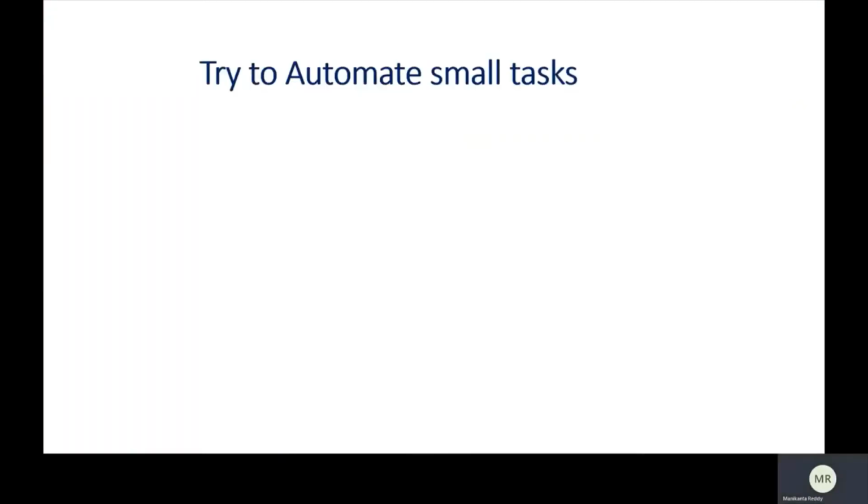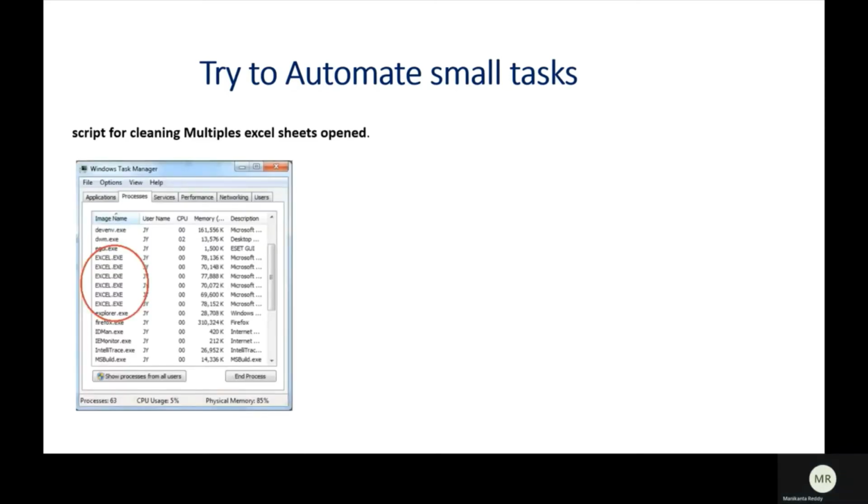And come to the next one, try to automate small tasks. In your day-to-day work, you may have some tasks which you do repeatedly. So take such tasks and try to automate them. I'm going to give you a few examples of such tasks. Like you can write a script for cleaning multiple Excel sheets that are open.